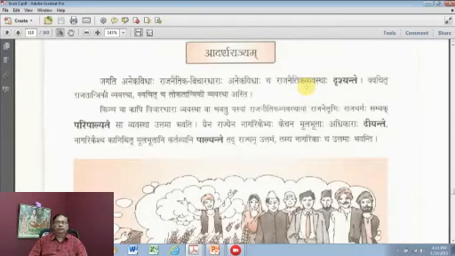Drushyante, are seen. Kvachit, some places, rajatantriki vyavastha, you find political arrangement. Vyavastha has so many meanings here. Then kvachit, in some places, lokatantriki. Lokatantriki means sovereignty.